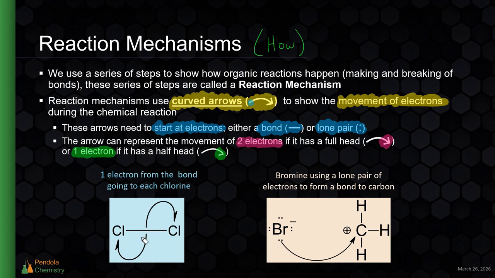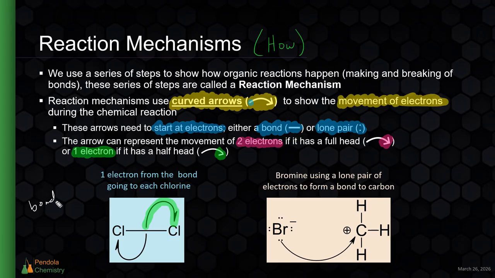As you can see in this step, we see a chlorine molecule with 2 chlorines bonded to each other, and that bond is being broken. When that bond breaks, the arrow with a half head is showing us 1 electron from this bond, because remember that bonds are made out of 2 electrons, and hopefully we'll remember this from honors chemistry.